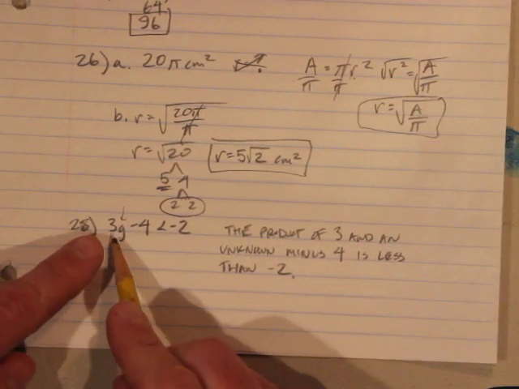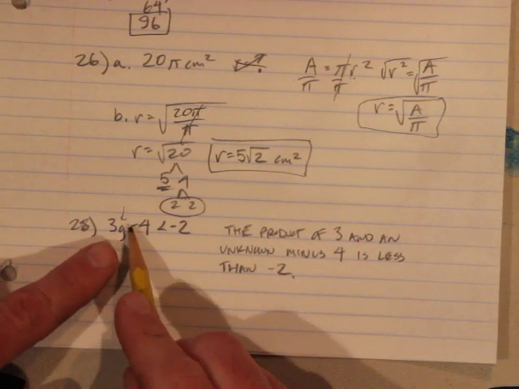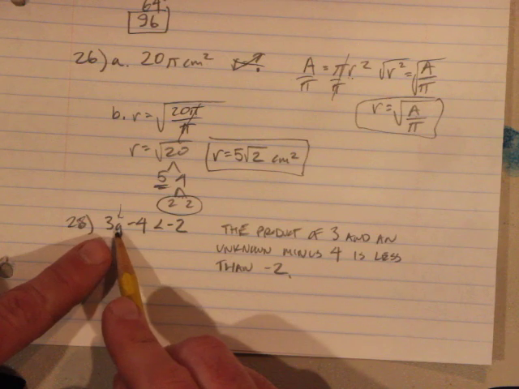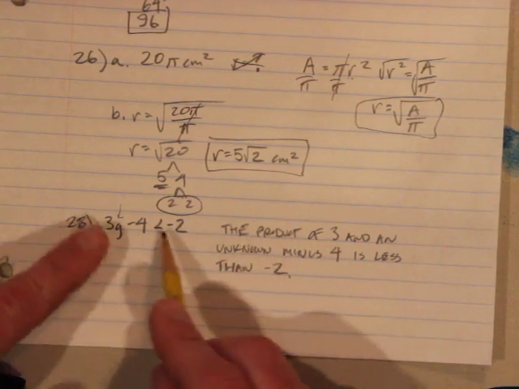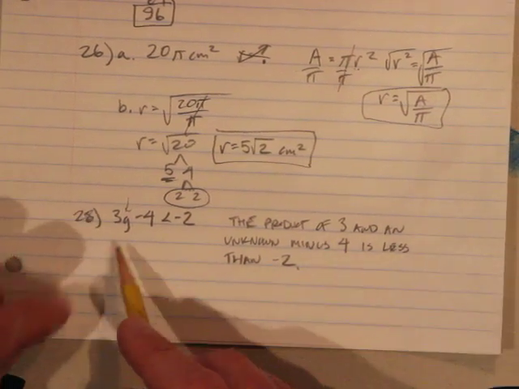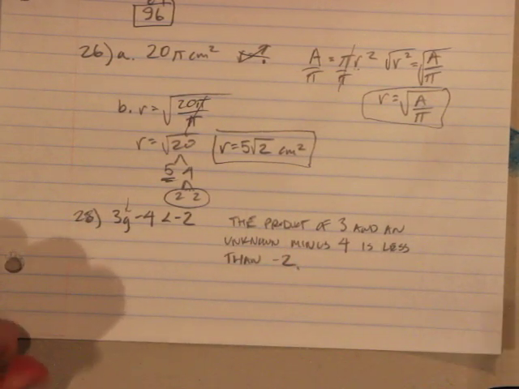You might put 3 times a number minus 4 is less than negative 2. That would probably be acceptable as well.